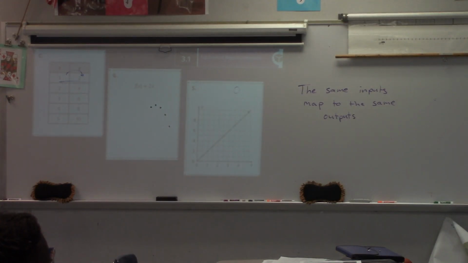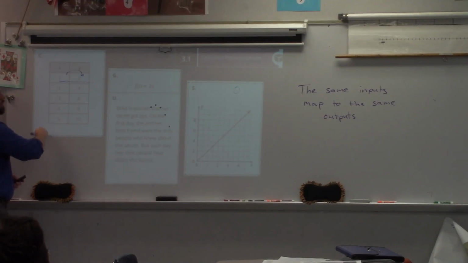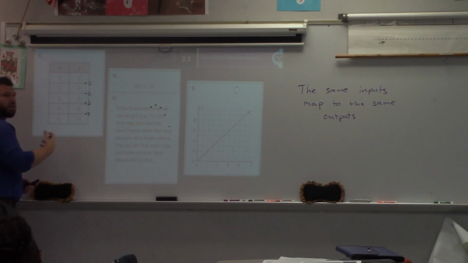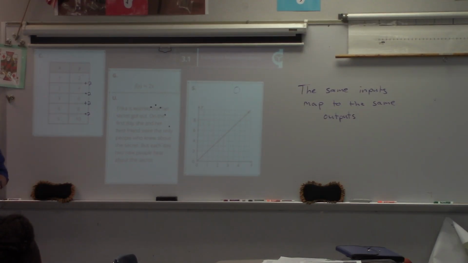So let's see. All right, what kind of pattern are we looking for in this table? Well, it is a linear function, but what's the pattern? What about that 2? So we're constantly adding by 2. What's that called? It's constant additive. When we talk about a pattern, we're talking about the what?